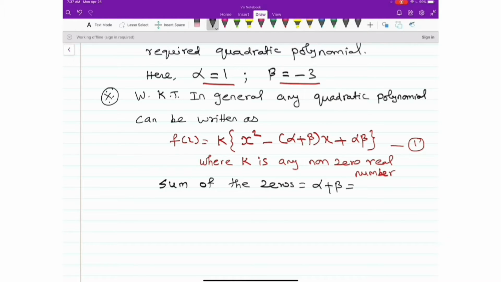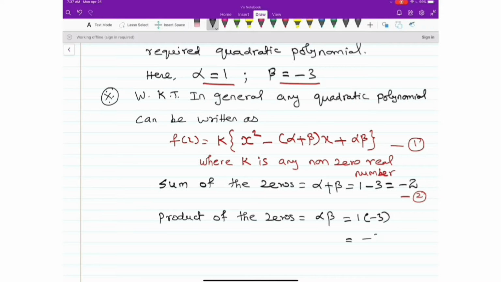So I can substitute 1 minus 3, which is equal to minus 2. Let me name this as 2. Then the product of the zeros is equal to alpha beta, which is 1 into minus 3, which is going to be minus 3. Let me name this as 3.